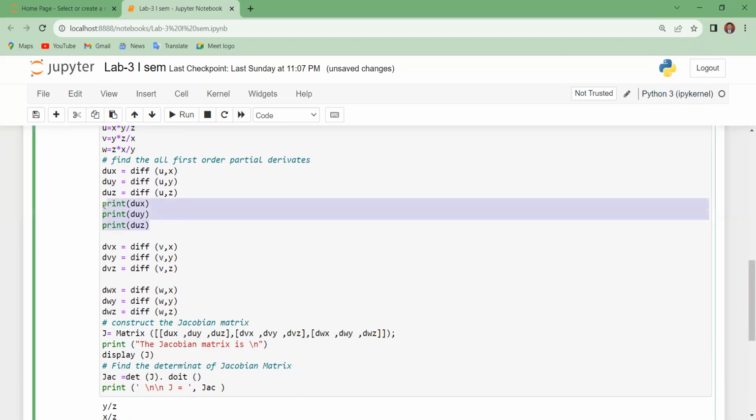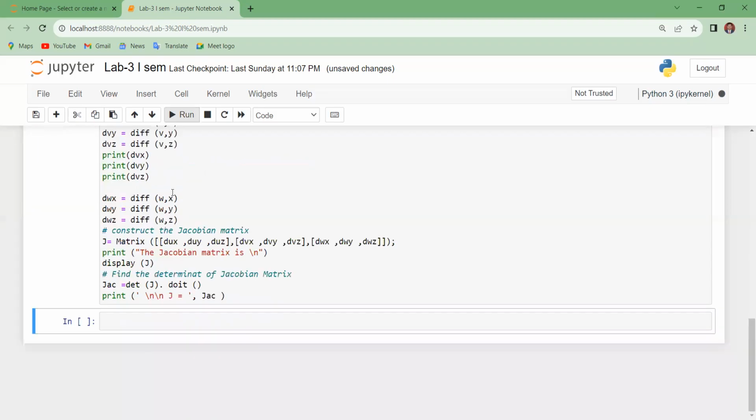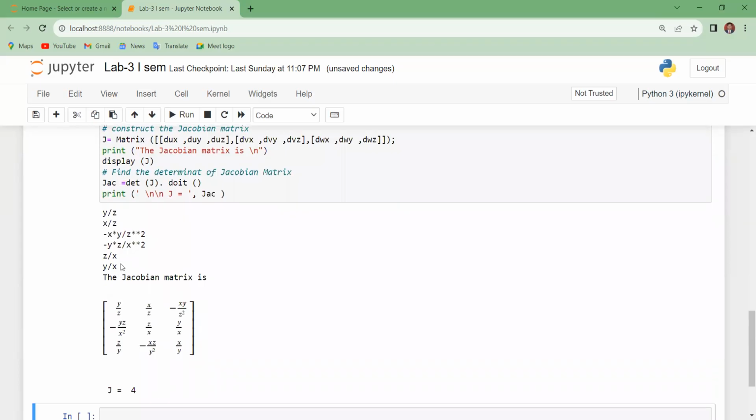So I can show this also. I just ran this. z by x, y by x. Okay, so minus yz by x square.